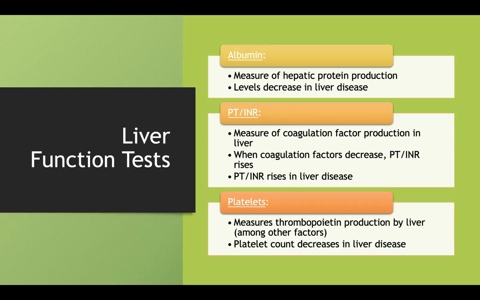So that's another reason for thrombocytopenia. So don't take this as the only reason, but what I want you to know on this slide for now is that albumin, PT-INR, and platelets are all lab tests that are useful for you to determine whether your liver is working well or whether it might be a little dysfunctional.